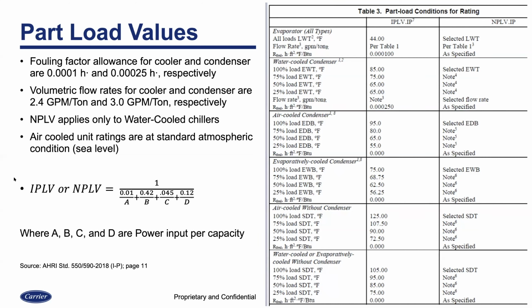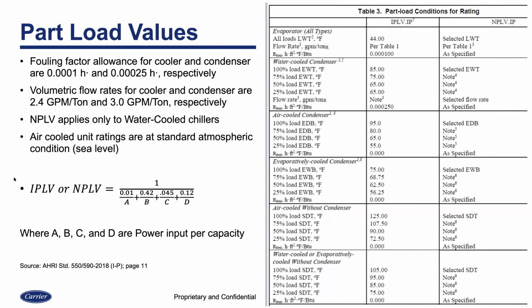These numbers that we see, like 0.01, 0.42, etc., represent the percentage of time that the unit operates under that specific load. For example, A, alpha, represents the load at 100% capacity, and 0.01 indicates that the unit operates 1% of the time under 100% load.